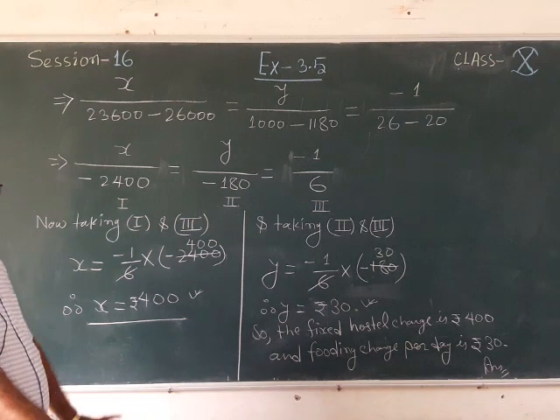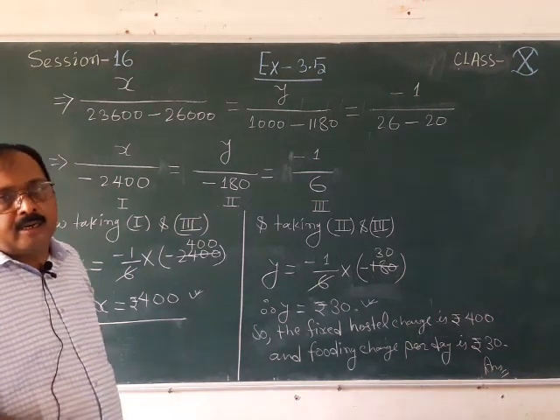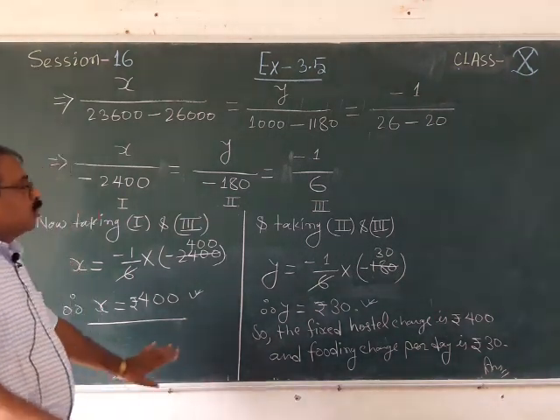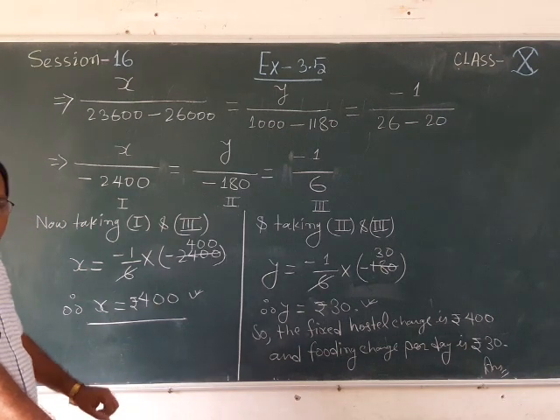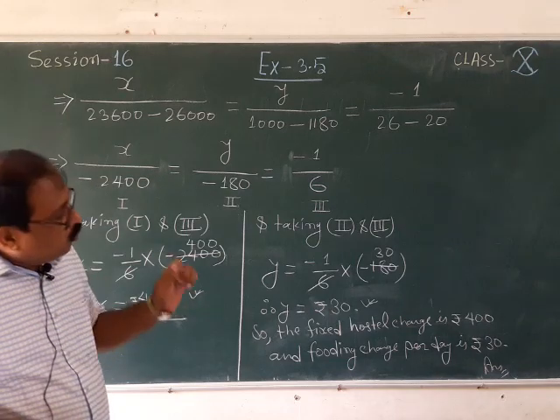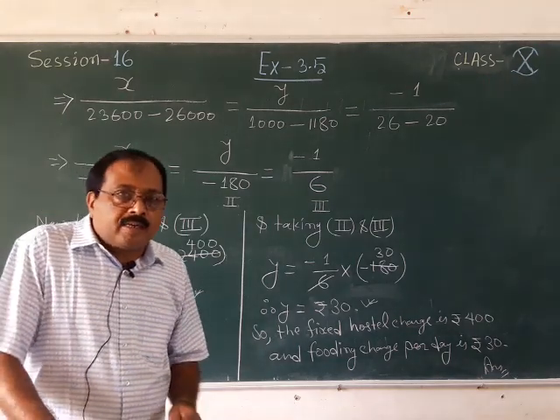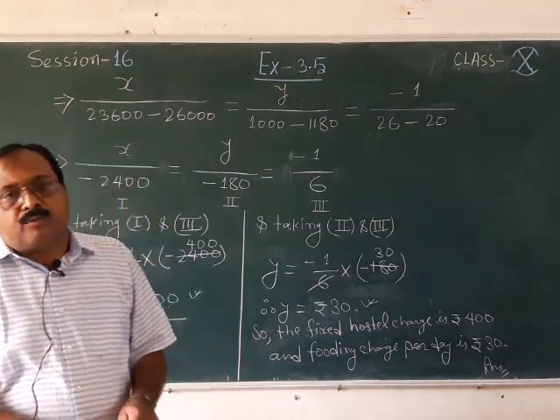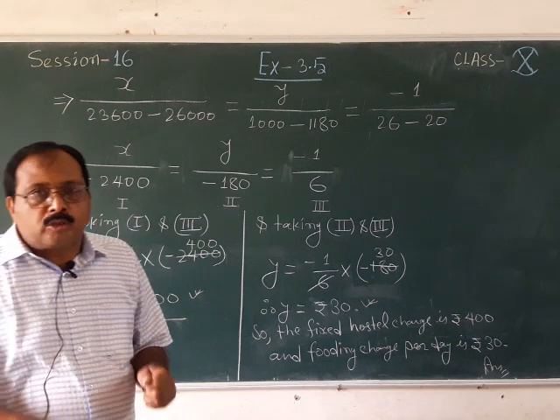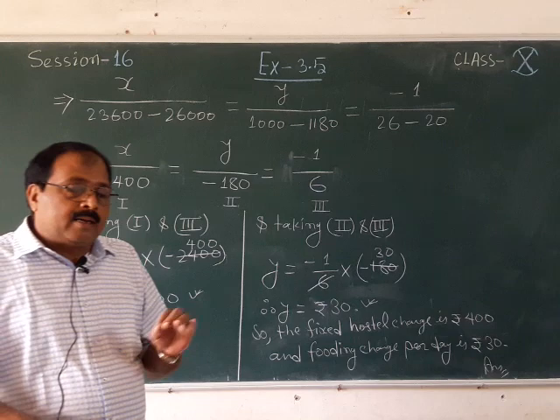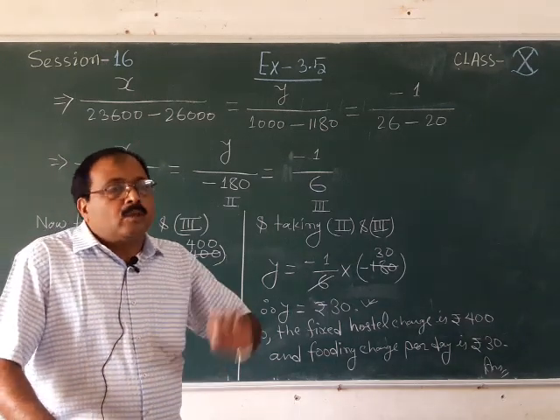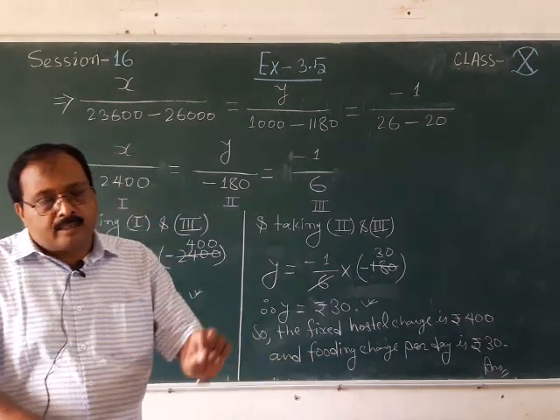Now, I hope that your cross multiplication method is clear and you can do any of the sums by using this method. But before doing the solution, you should always check whether the given equation has a solution or not. That means you will always check A1 by A2, B1 by B2 and C1 by C2.